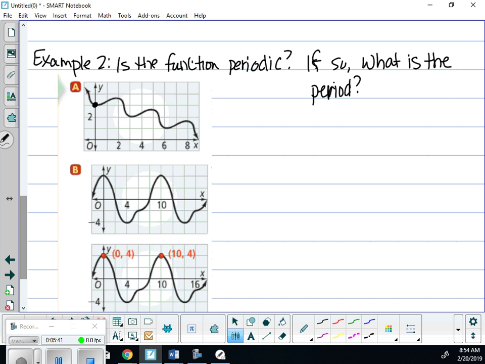If it was periodic, we would eventually have another loop that would come up over 3 again and again. This is a nice squiggle that looks uniform, but the y values are not repeating. If it was repeating, it would keep coming back to that same height over and over again. This one does not, so this one is not periodic.